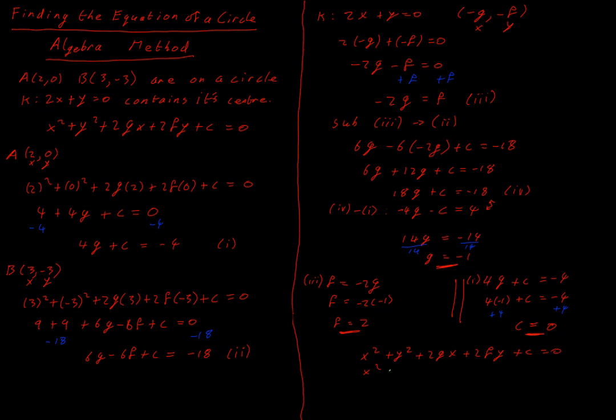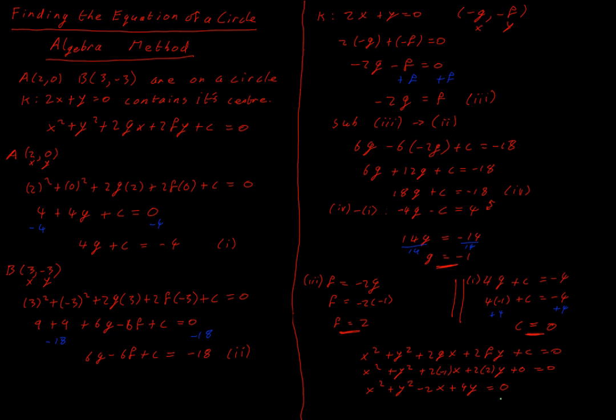Subbing in, I have x squared plus y squared plus 2 on minus 1 x plus 2 on 2y plus 0 is equal to 0. x squared plus y squared minus 2x plus 4y is equal to 0. And that is the equation of my circle.